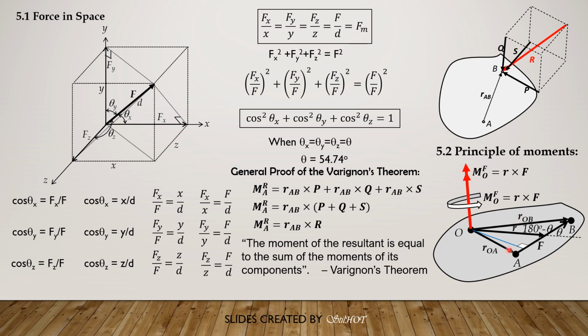Then by cross product, we define the moment of F about O as R cross F equals R times magnitude of F times sine of theta. Now, it doesn't matter if it is theta or 180 degrees minus theta, because from trigonometry, the sines of supplementary angles are the same.